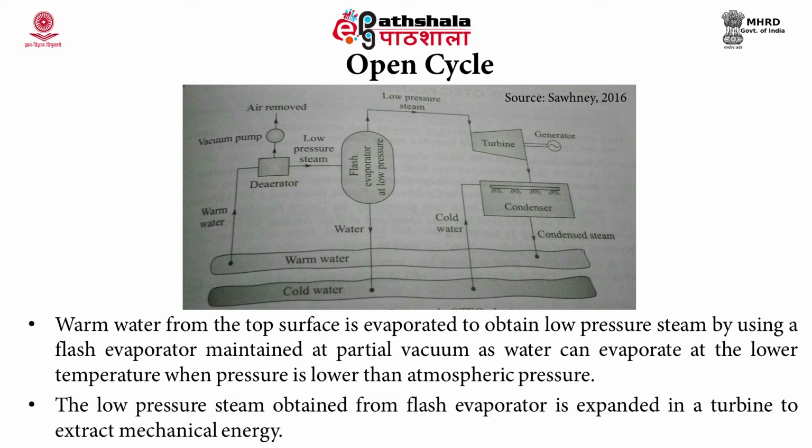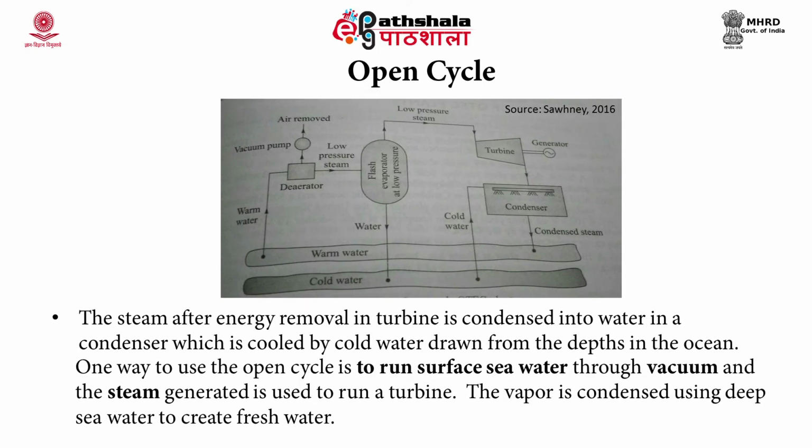The low pressure steam obtained from the flash evaporator is expanded in a turbine to extract mechanical energy. The steam after energy removal in the turbine is condensed into water in a condenser, which is cooled by cold water drawn from the depths in the ocean.